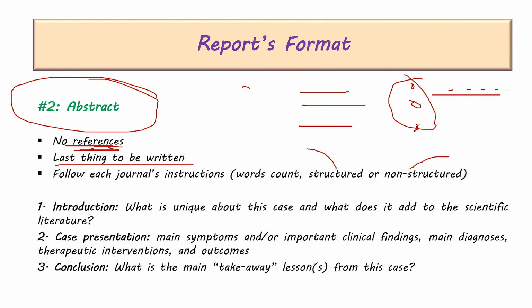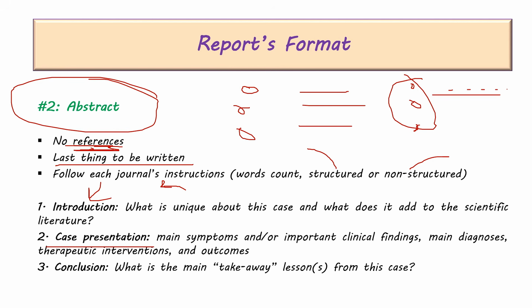However, structured should have 3 headings, and these 3 headings differ from journal to journal, so always follow each journal's instructions. For example, most of the journals ask for introduction, a general brief about what is unique in your case, then the case presentation.